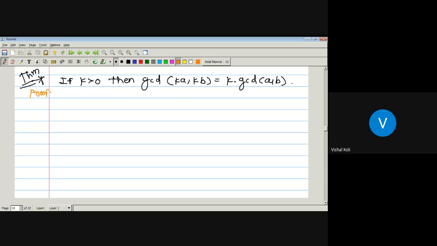We know the Euclid's algorithm. In that a is nothing but bq1 plus r1, and from that one we have constructed b, r1, r2, up to so on, rn minus 2. Okay, so that is what we have to use.